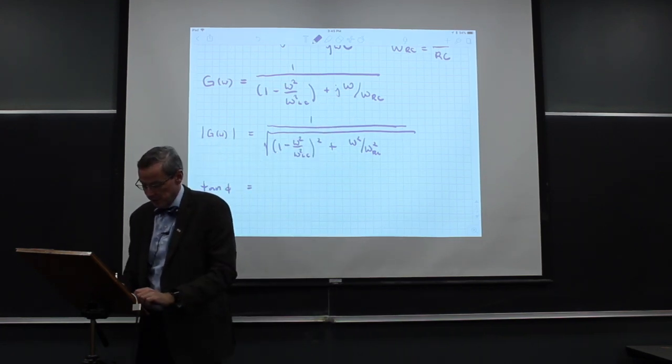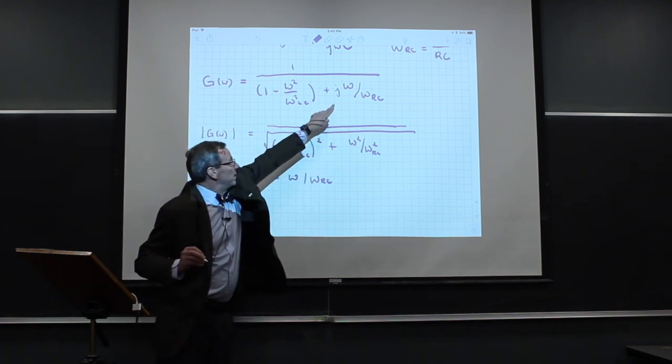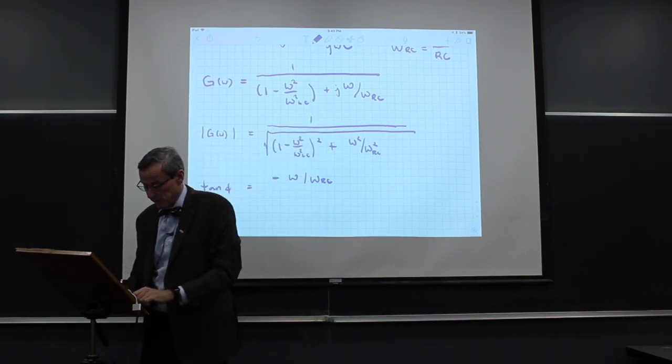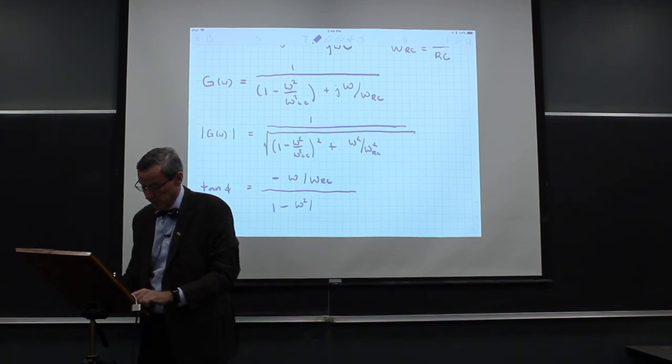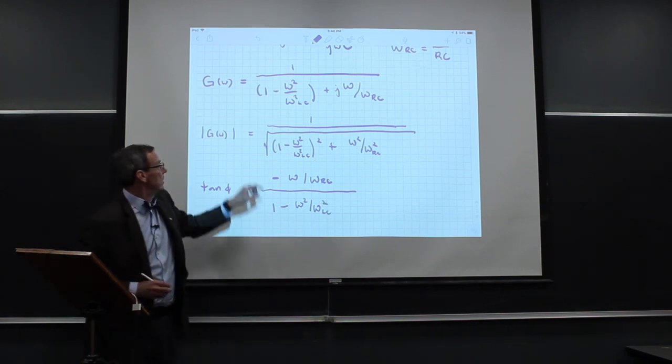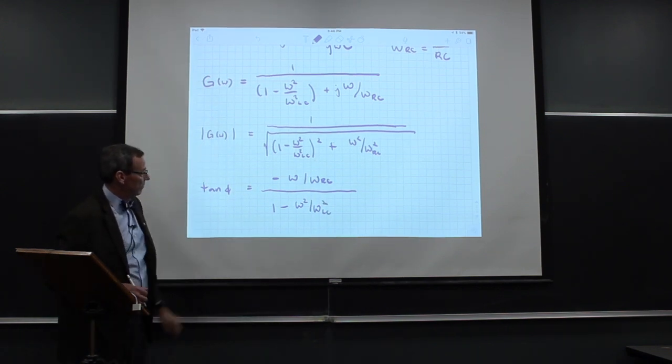We simply get the tangent of the phase is minus omega over omega RC from that term, divided by 1 minus omega squared over omega LC squared. So there's the magnitude of the gain and the phase.